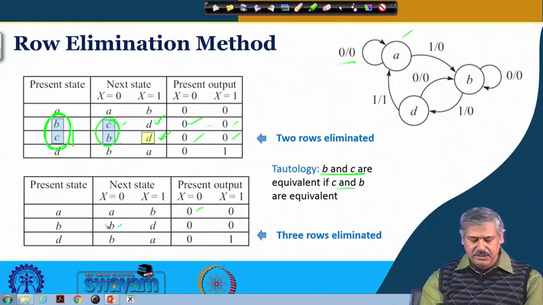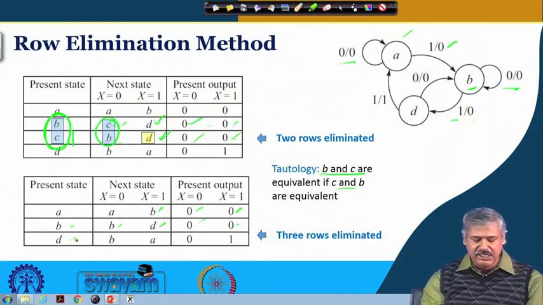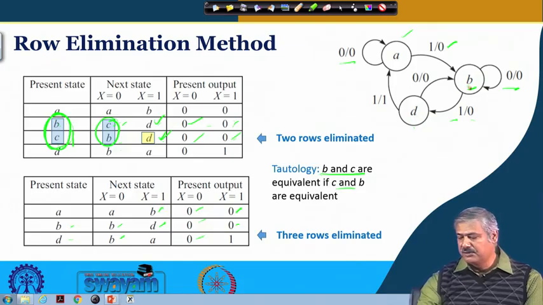For x equal to 1, it goes to B and output is 0. Then at B, for 0, it remains at B and output is 0. For 1, output is 0 and it goes to D. At D, for x equal to 0, it goes to B and output is 0, and for 1, it goes to A and output is 1.